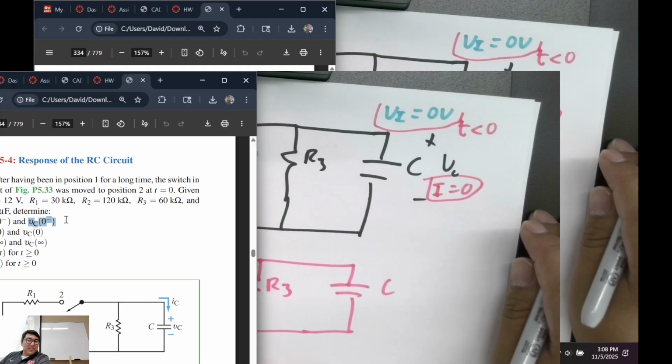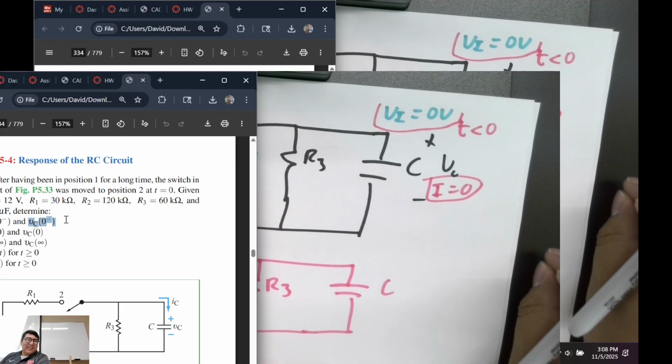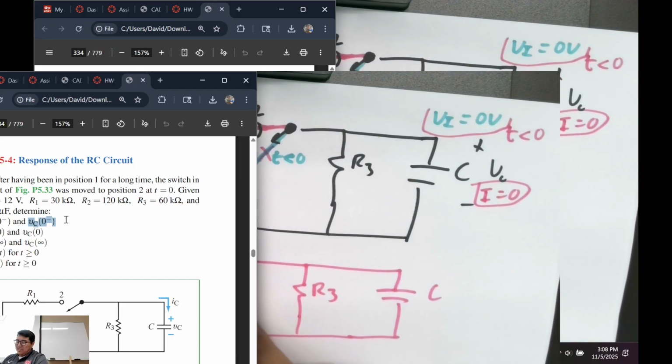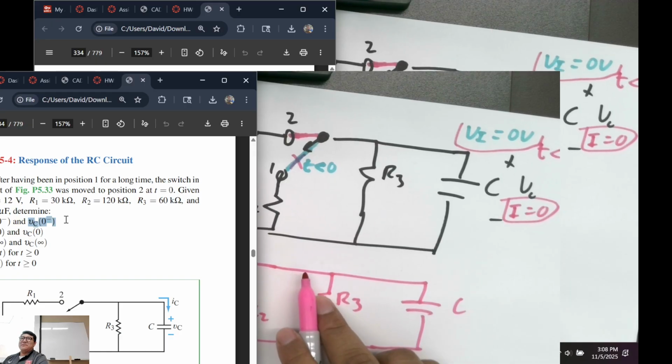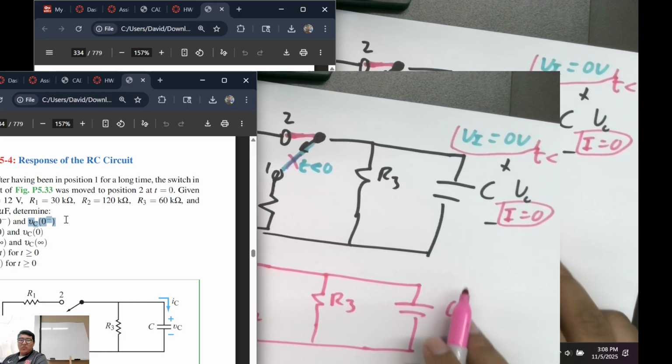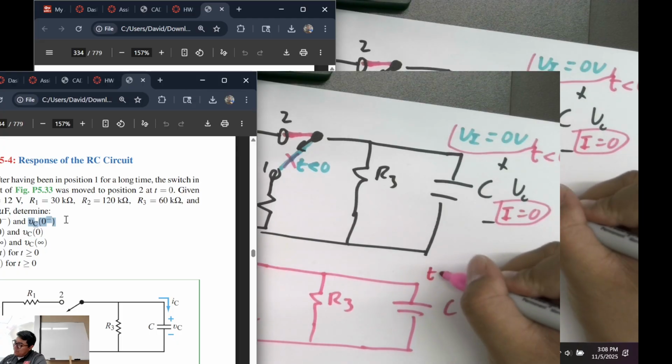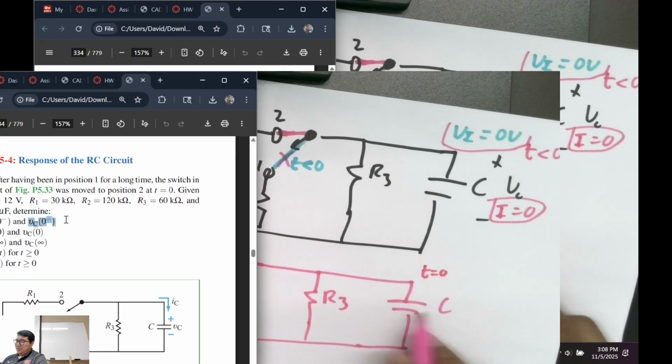It says it wants to know right at that instant, what is the current and what is the voltage? So I just closed that switch, correct? This is empty, an empty bucket of water. T is right at 0, so what's the voltage?